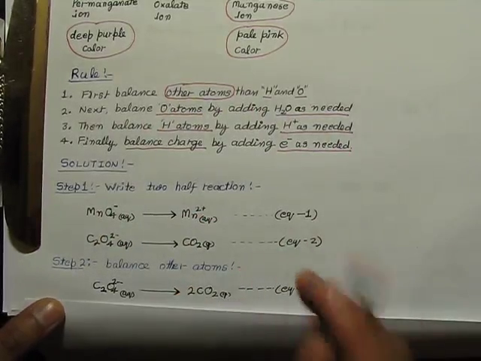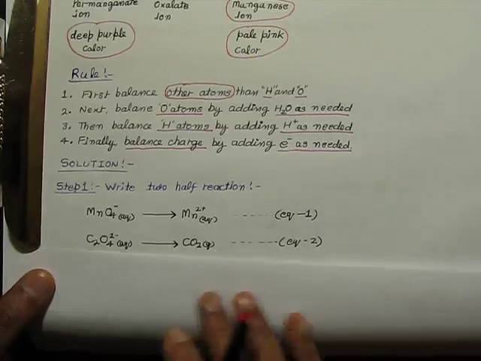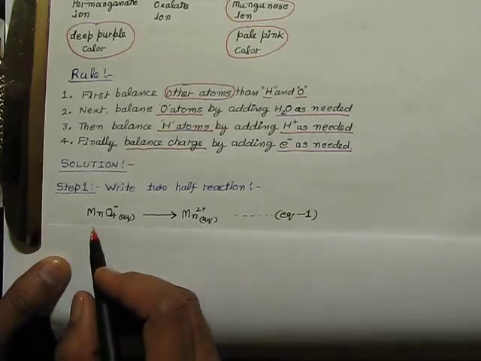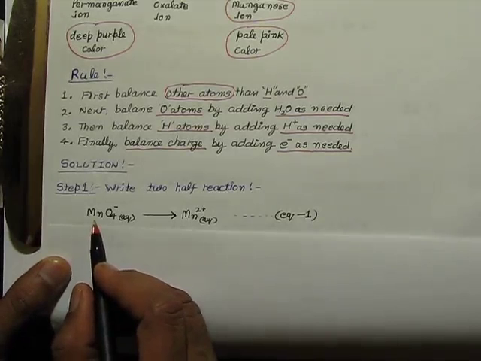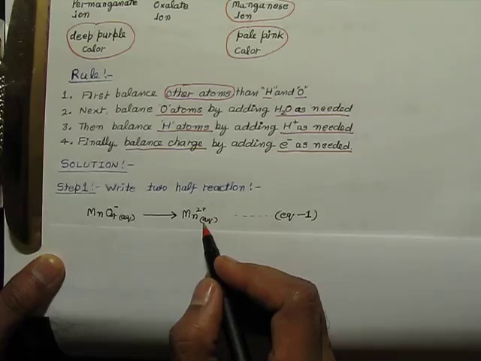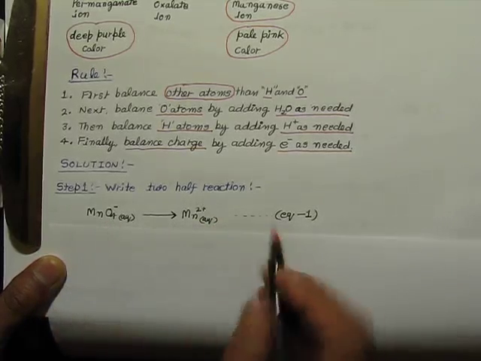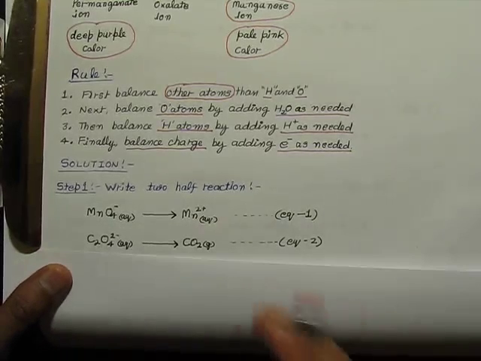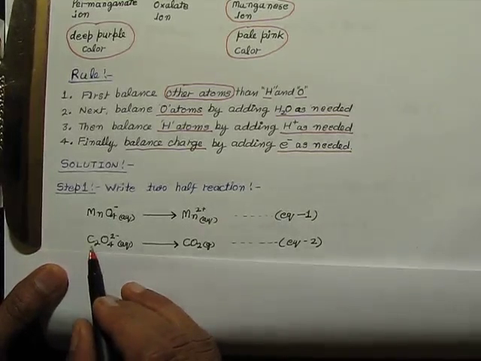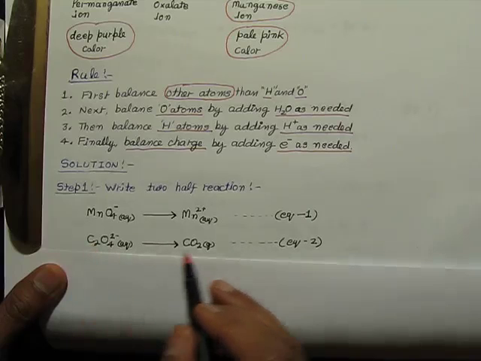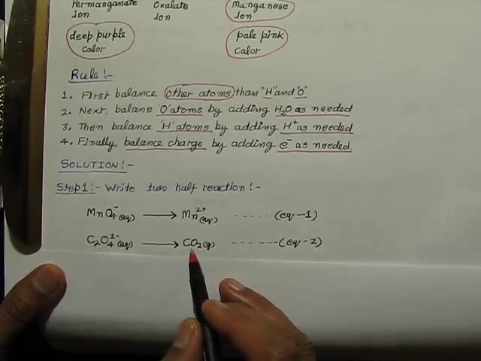If you see equation number 1, the number of manganese atoms on the reactant side is 1 and on the product side is also 1. So this is balanced. We will balance oxygen later on. In equation number 2, the number of carbon atoms in the oxalate ion is 2, and on this side there is only 1 carbon.